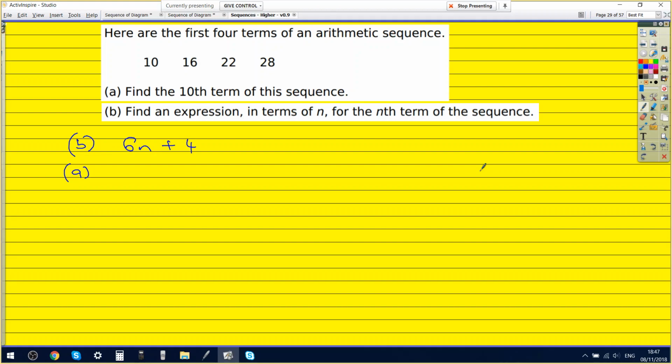No. So they want the 10th term, and for the 10th term, n equals 10. Okay. Is it 6 times 10? Yeah, 64. Well done. That's all there is to that.